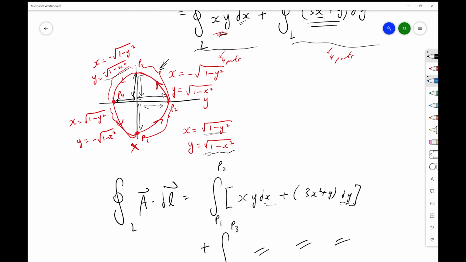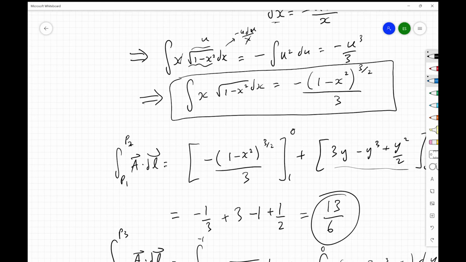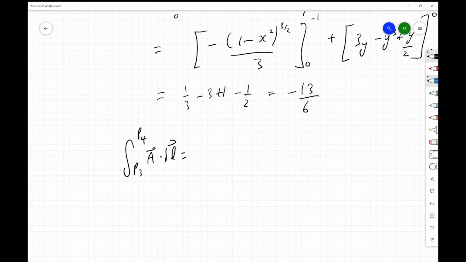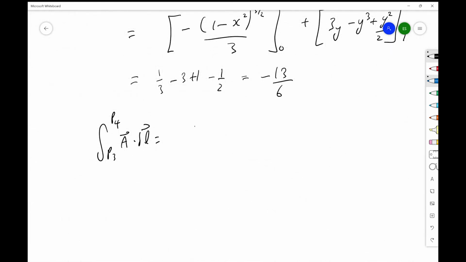X, we said, doesn't matter for the second part because it's x squared anyway, but there will be a minus sign coming from here. So the integral here is going to be the integral from minus 1 to 0, with a minus sign here, of x square root 1 minus x squared dx. Y here is going from 0 to minus 1.